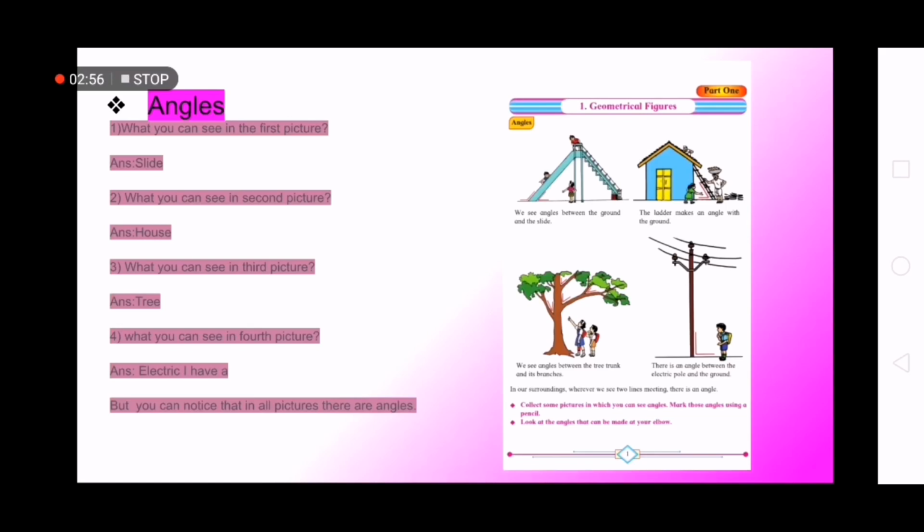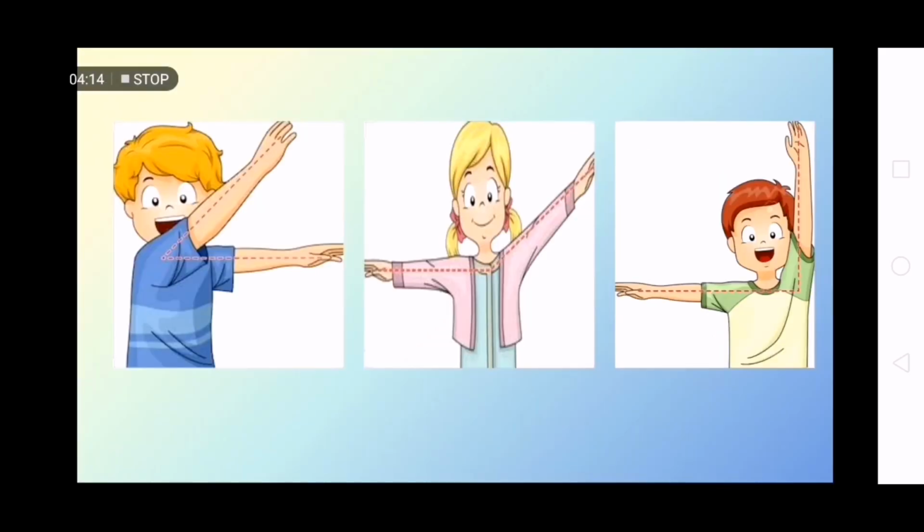See, with the hands also we can make an acute angle, obtuse angle and a right angle. You will love it more when you also make a right angle, acute angle. Come on, chalo, you all make an acute angle. Oh my god, you all are making an acute angle. That's very good.